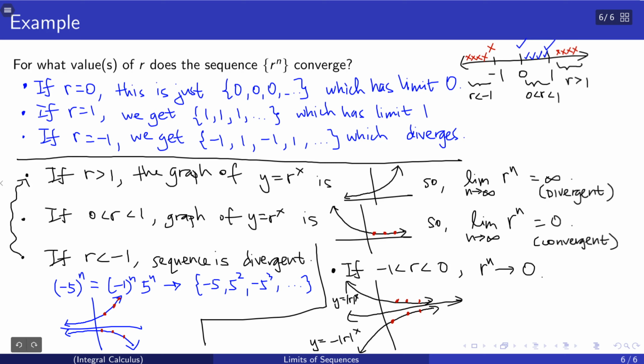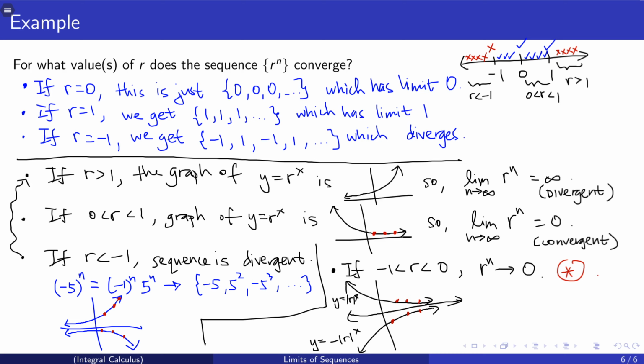Right, so that's pretty interesting. In fact, we can't actually use that theorem on functions to prove this result here, that it goes to 0, because it doesn't make sense to just say -r to the x. But you can see what happens here on the graph.